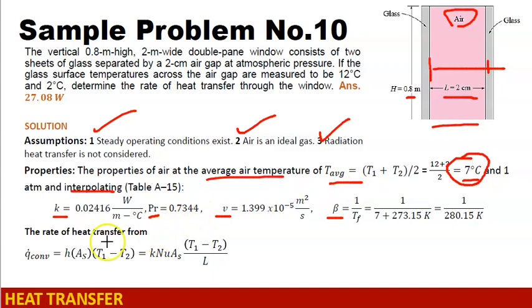The rate of heat transfer can be calculated using our formula, and we simplify it directly since h is equal to k over L times the Nusselt number. So instead of putting h, we directly substitute k Nu over L. Looking at this working equation, we need to solve for the Nusselt number and the surface area.